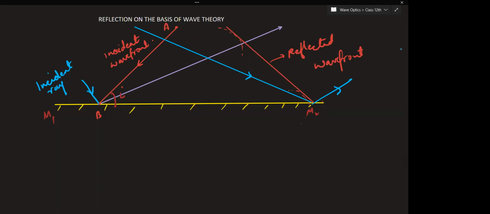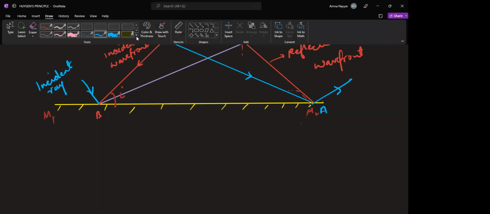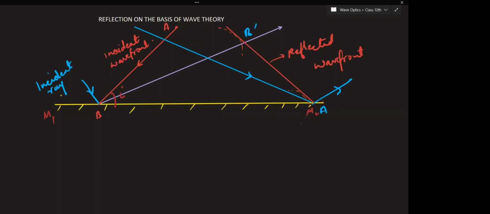Let's say this is AB, so let's name this A dash, B dash. Now see, these travel with the speed of light, so the distance is always speed into time. Let's say this is VT and this is also VT. This entire distance, AA dash and BB dash, is VT.